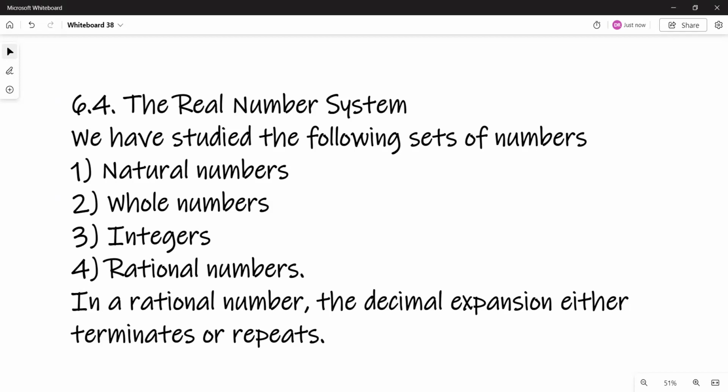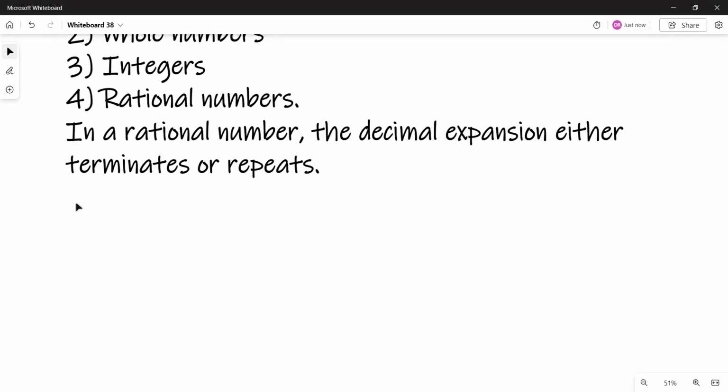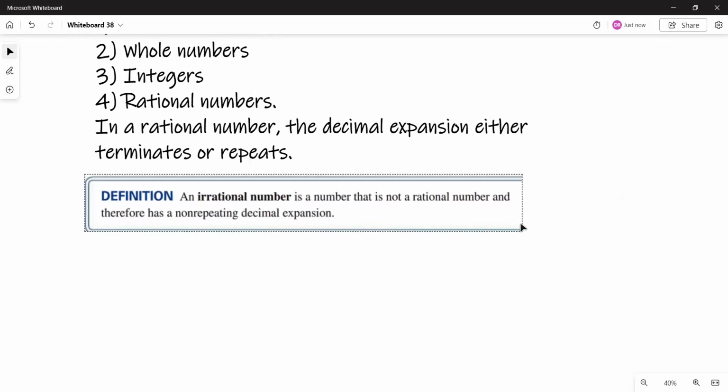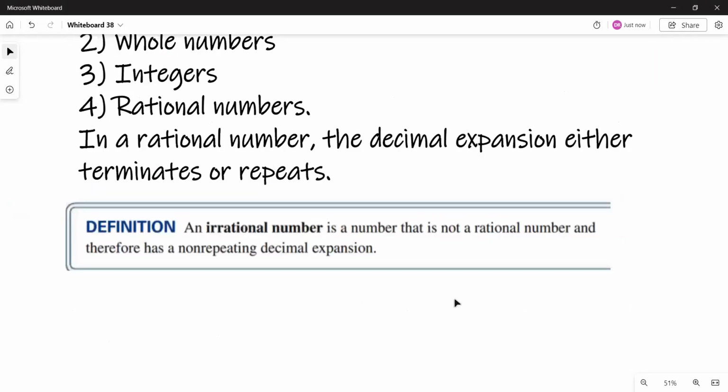So here's the definition from page 271. An irrational number is a number that is not a rational number and therefore has a non-repeating decimal expansion.